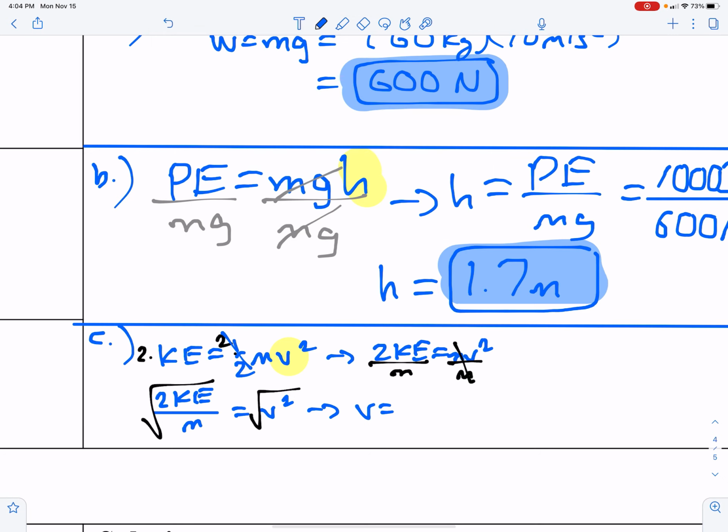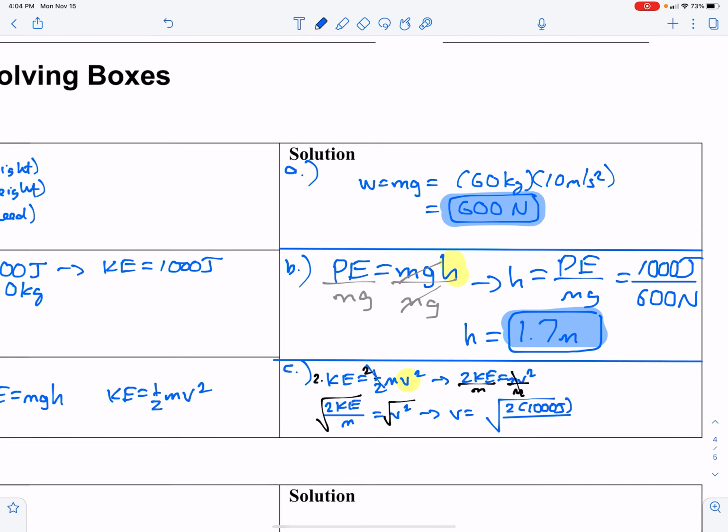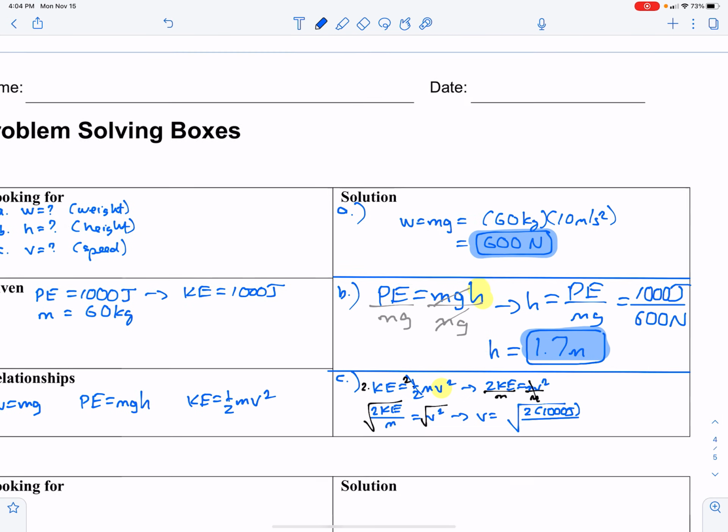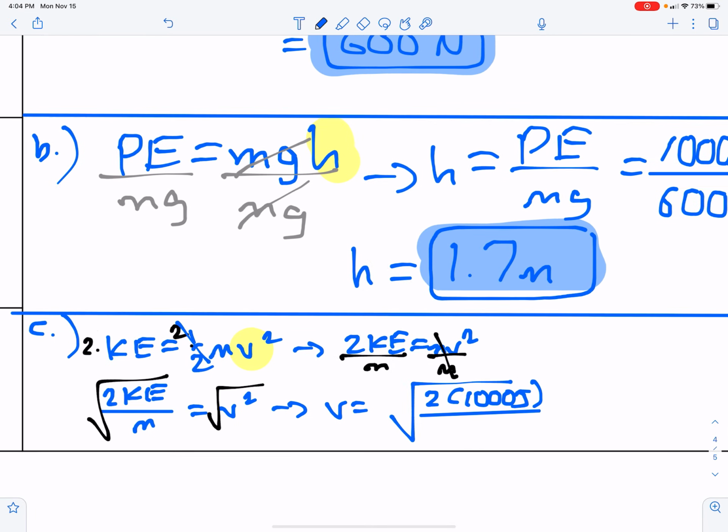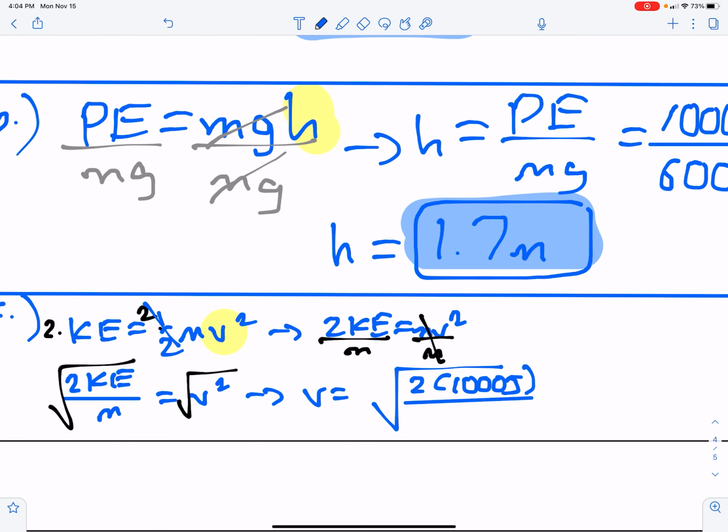And at this point, we can plug in 2 times 1,000 joules of kinetic energy. The mass was 60 kilograms. And so we're going to go 2 times 1,000, which is, of course, 2,000.